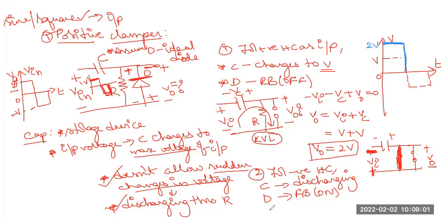So now what is the output voltage V naught here? 0, ma'am. Yes, 0, because there it is a short circuit. Positive and negative have been shorted, got connected. So output voltage V naught is equal to 0 volts. So for the negative half cycle, you find that the output voltage is equal to 0 volts.